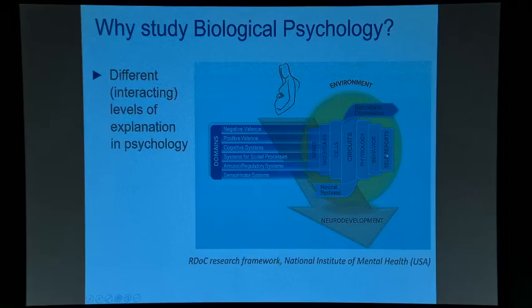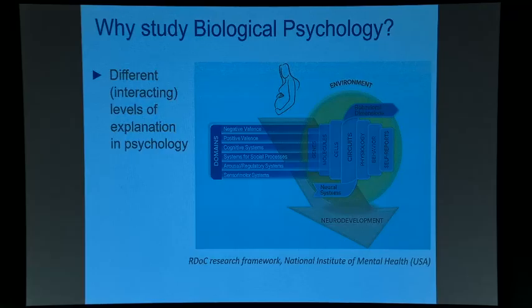And so if we want to understand a particular psychological phenomenon like anxiety, we can do that at the level of behavior and self-report. We can ask a person how they feel. We can observe how their behavior changes. We can introspect on our own experiences of anxiety. We can also try to understand it at the level of physiology. So there might be particular hormones like cortisol that are released into the bloodstream when someone feels anxious.